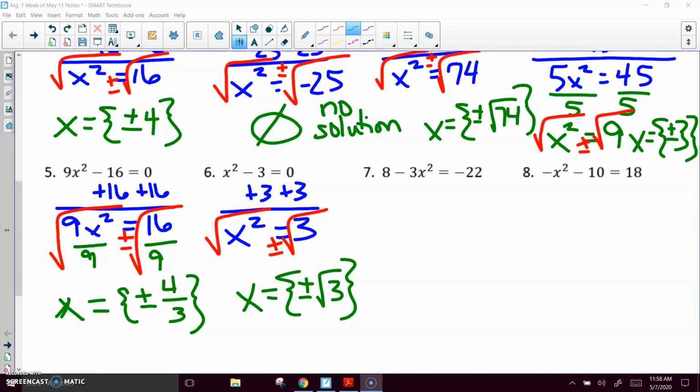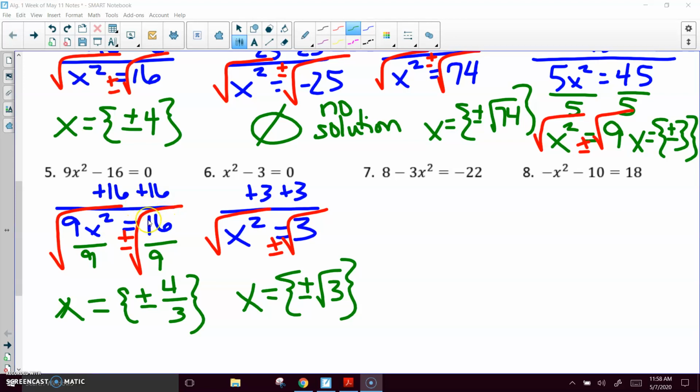I hope number 5 didn't trip you up too much. We add 16 to both sides and then divide both sides by 9. Because I can't divide 16 by 9 to get a whole number, we're going to leave that as a fraction. Then we take the square root of both sides.